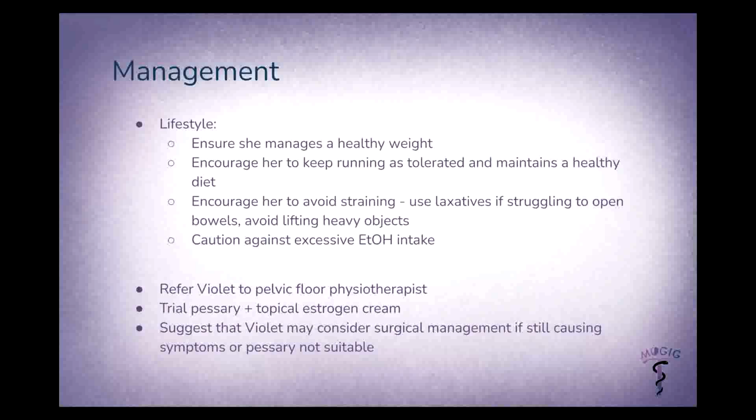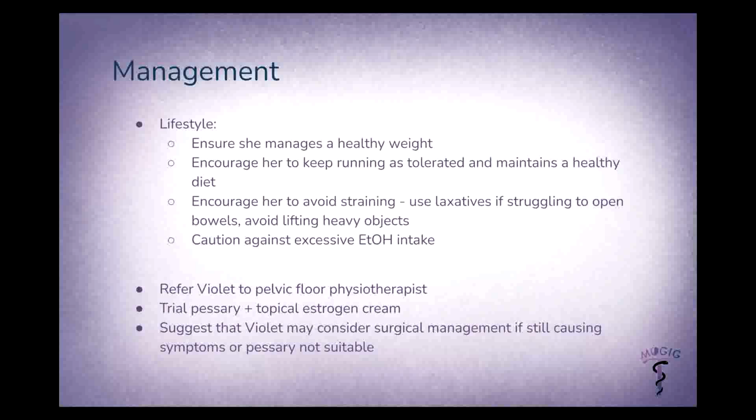We also encourage her that she should avoid straining where possible. So she should make sure that she's opening her bowels regularly and using laxatives if she's finding that they're difficult to pass. We also tell her she should avoid lifting heavy objects as this can put strain on her pelvic floor, and that she might benefit from getting her sons to help her out with anything like that.